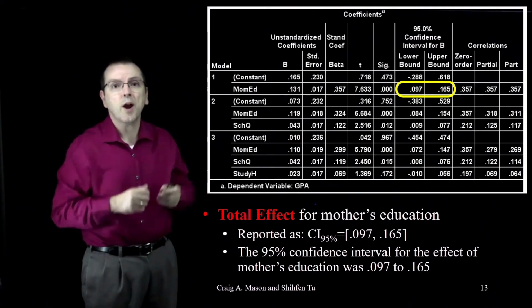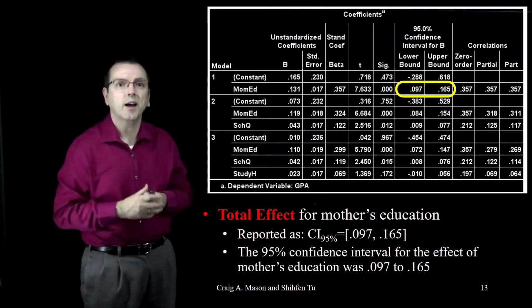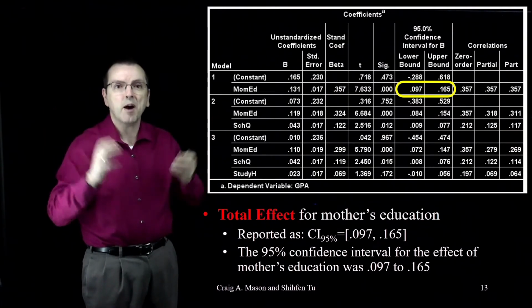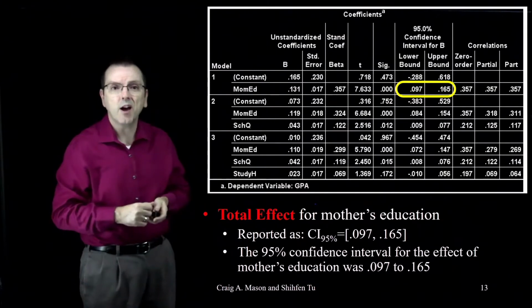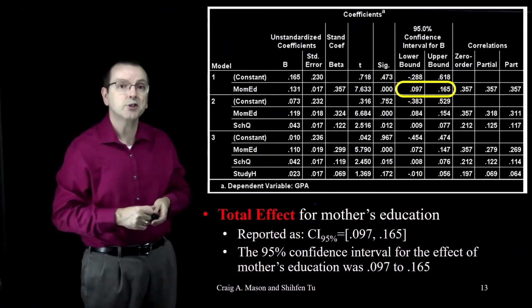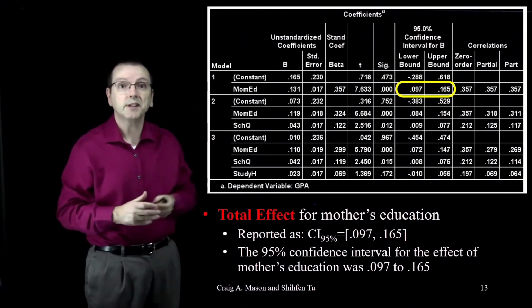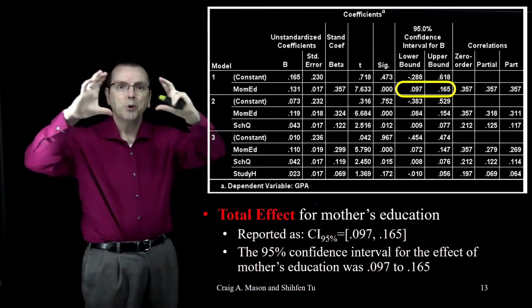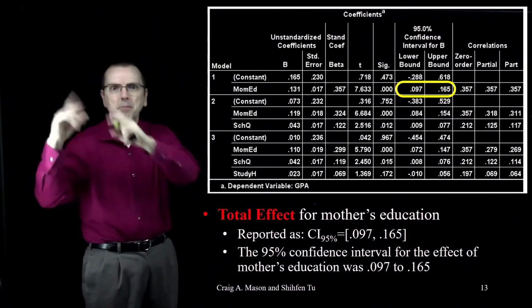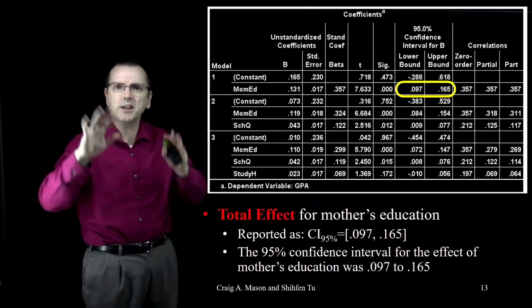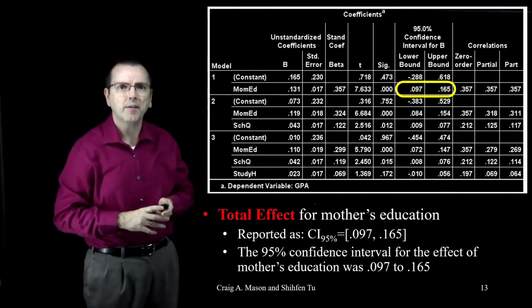Now, if you describe this in the text, you might write something like, in model 1, the 95% confidence interval for the effect of mother's education was 0.097 to 0.165, or put that in brackets and package it with the t-test and the p-value. Again, you see it all sorts of different ways, right?